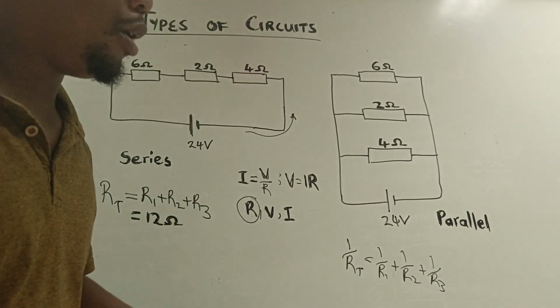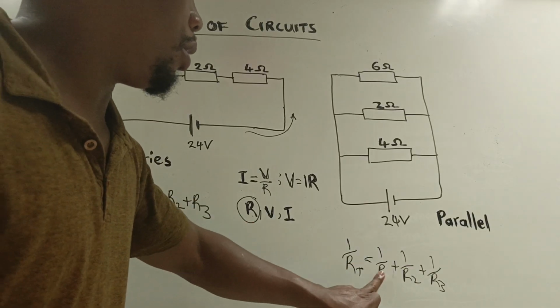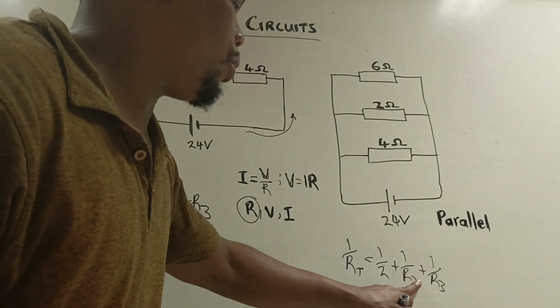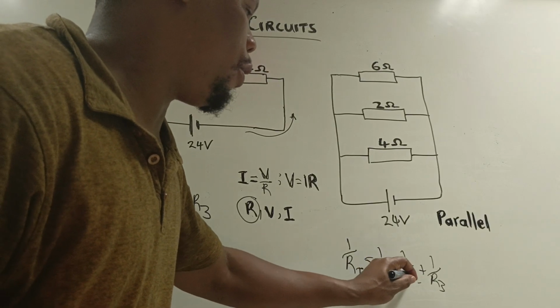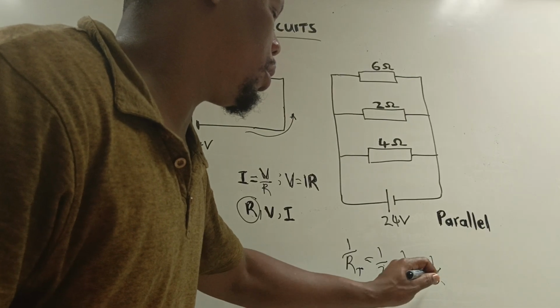So to get the effective resistance, you put in 1 over 2 plus 1 over 4 plus 1 over 6.